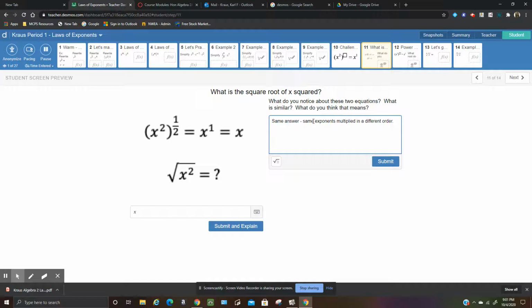So just showing that multiplication is commutative. Right?